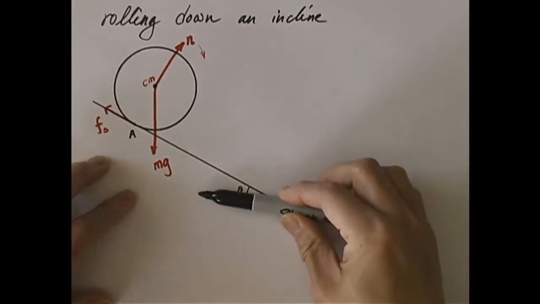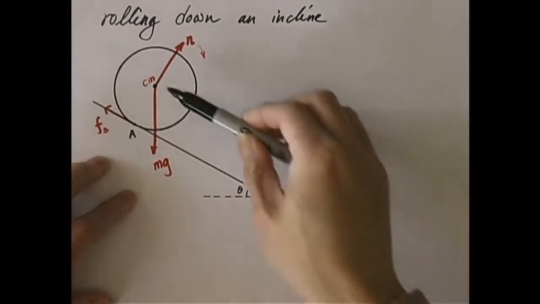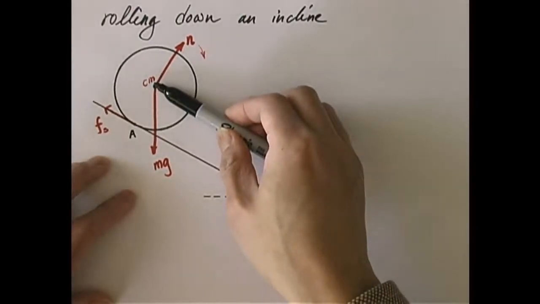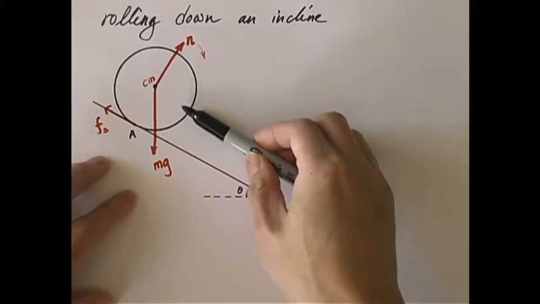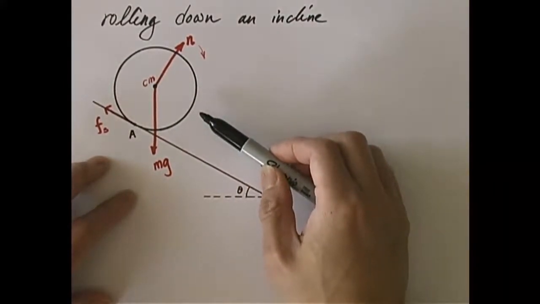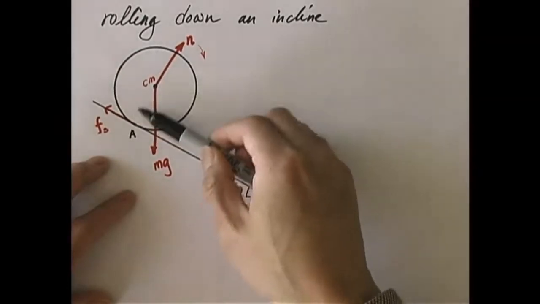Imagine I gradually raise this angle theta. Obviously it's going to slide down faster. As far as the translational motion, it's going to have a greater acceleration down the slope. And in order to keep up with it, remember alpha has to relate to ACM: alpha equals ACM over R for pure rolling, just like omega equals VCM over R. Therefore, you need a greater alpha, which means a greater torque, and the lever arm is always the same, the radius.